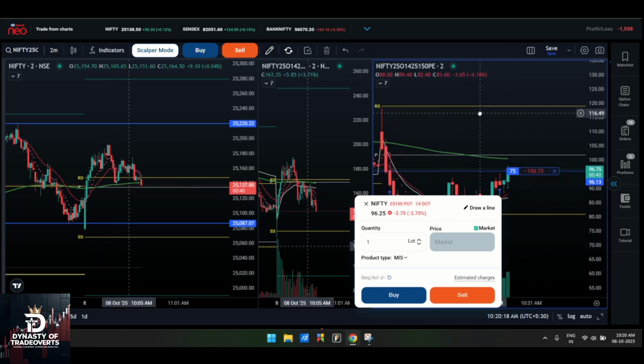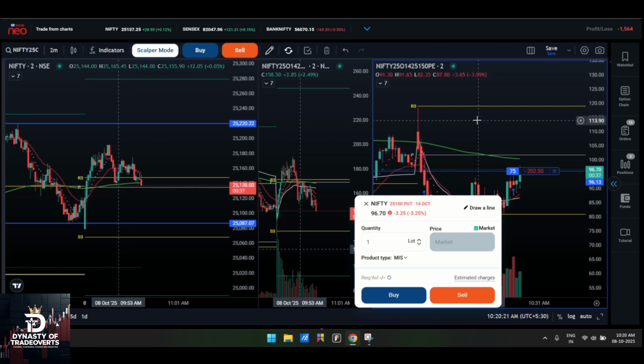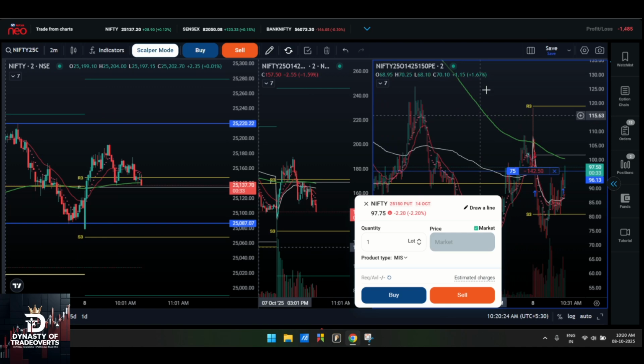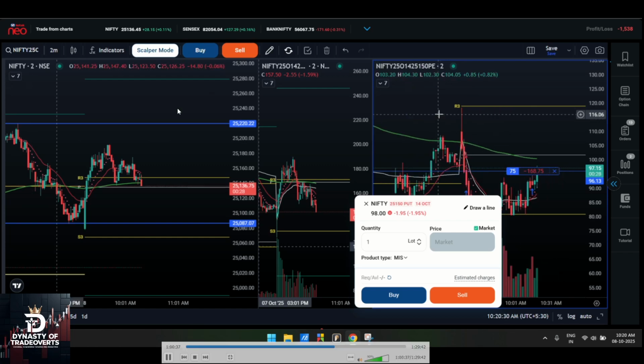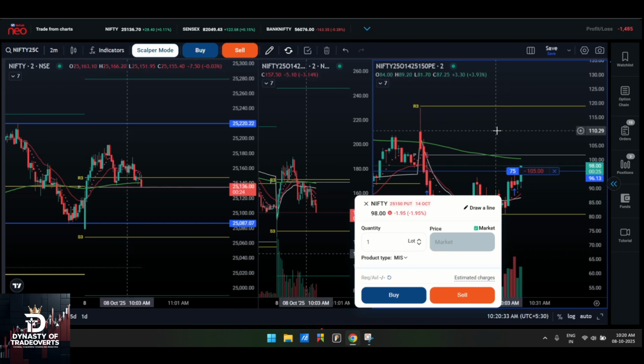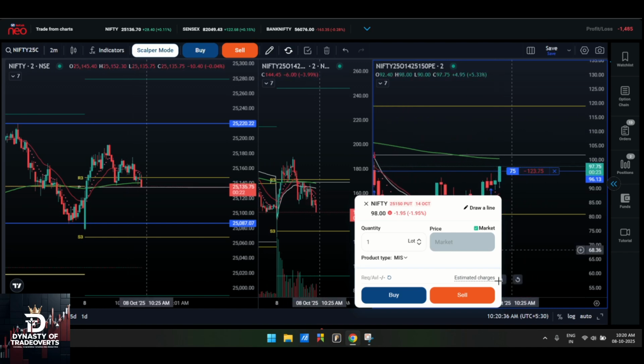Okay, the PE price is moving up, but there is a 200 EMA resistance coming above. But Nifty spot price has broken the 200 EMA, so I'm expecting a spike here.